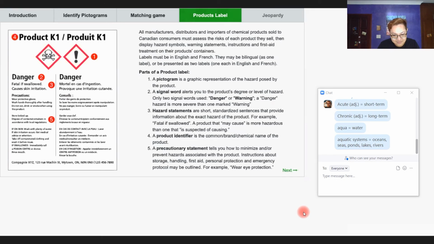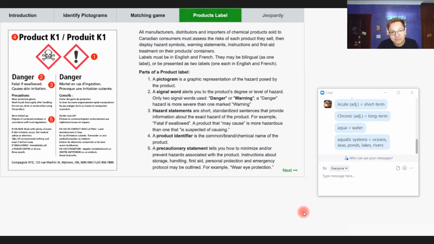The label must be in English and French. They may be bilingual as one label or be represented as two labels, one each in English and French.